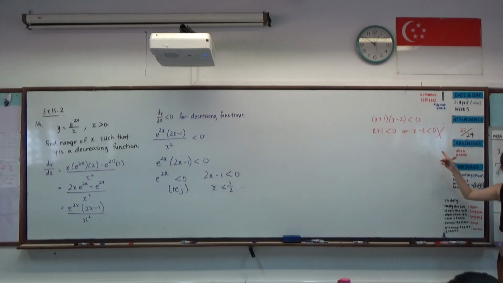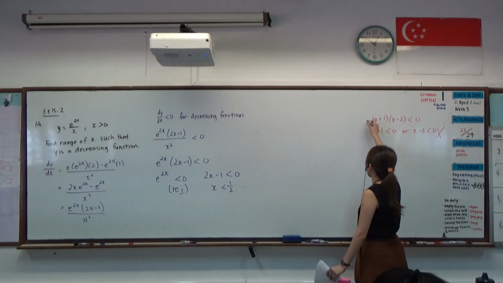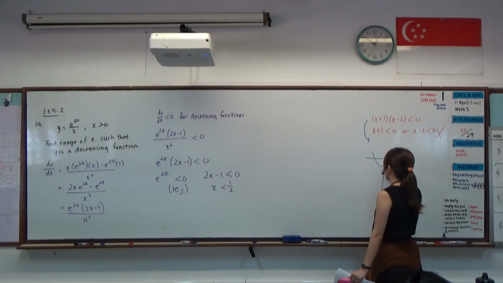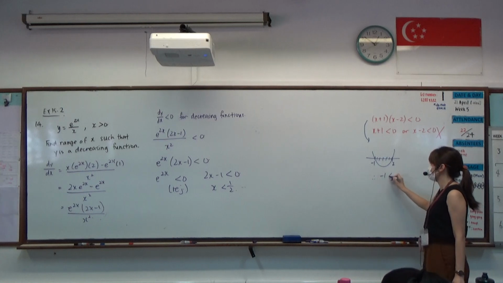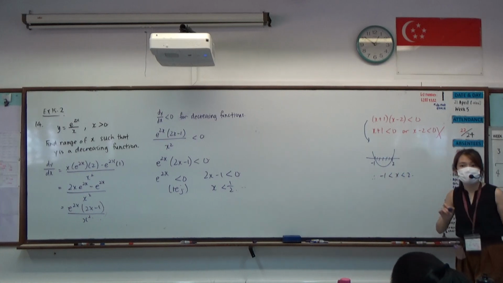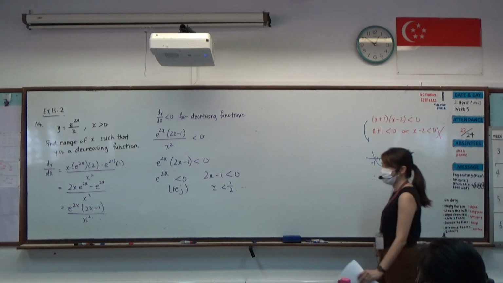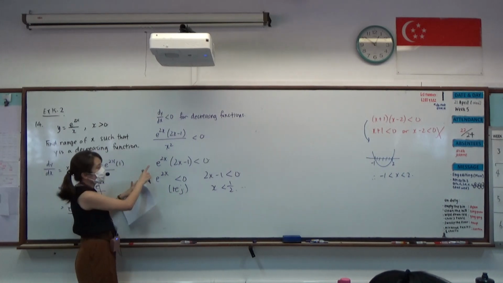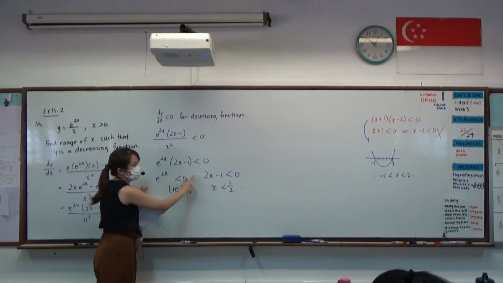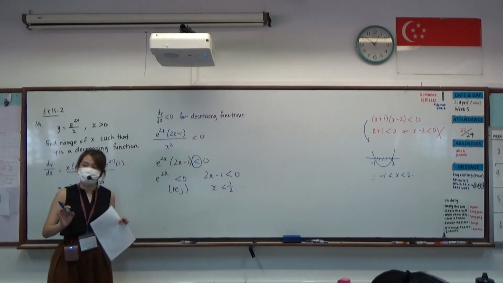How we should go about solving it is that we draw a graph. With roots negative 1 and 2, and the expression less than 0, we get this answer. That's the concept. Because it doesn't work over here, surely it will not work over here either. You cannot break it up like that, because this is an inequality, not an equality.